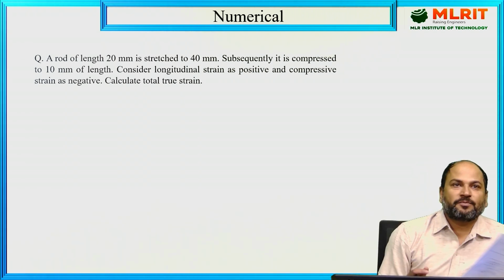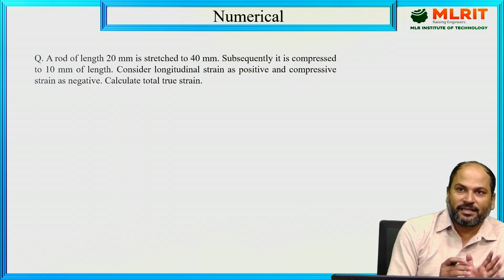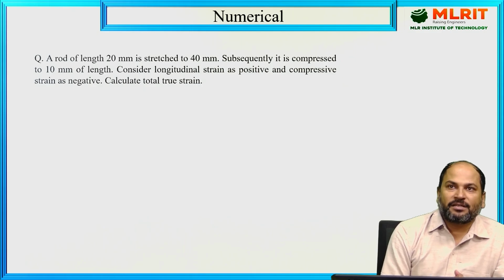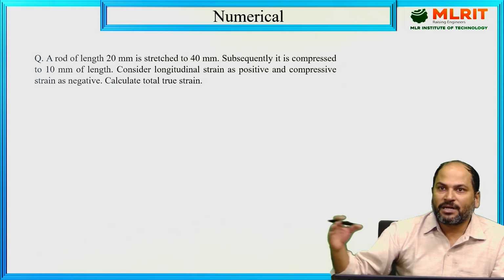This is also based on true strain. What I told at the starting, if you have seen the last video, is that when you are calculating true strain, it doesn't matter whether the forging has been done in a single pass or in multiple passes.